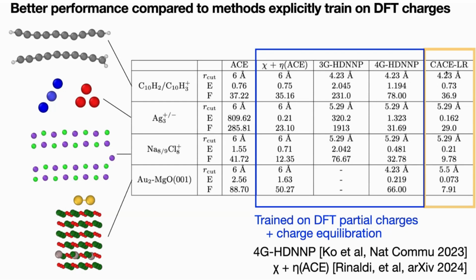However, when we tested the data set they used, we realized that if we just train on energy and forces and not train on charges, we actually get an accuracy that is in most cases much better. In this particular case, it's about one order of magnitude more accurate compared with the schemes that explicitly train on DFT charges.